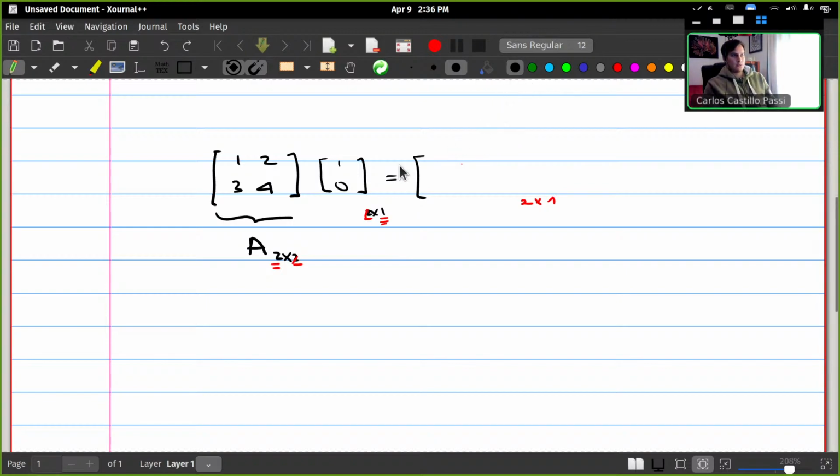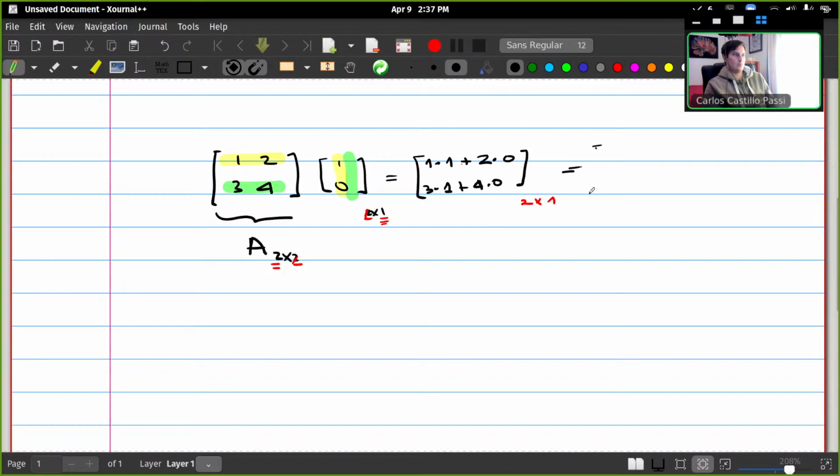Okay, so the first one will be the inner product between this vector and this vector. So that means this and this. You will get then 1 times 1 plus 2 times 0. The second row would be this one times this one, 3 times 1 and then plus 4 times 0.